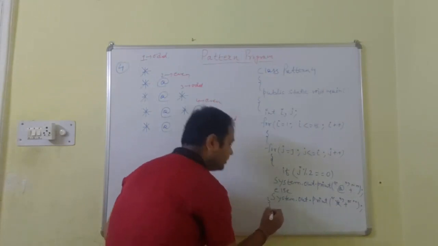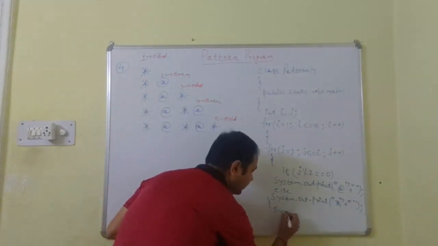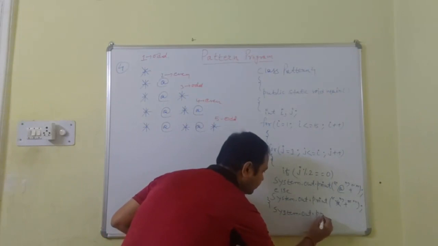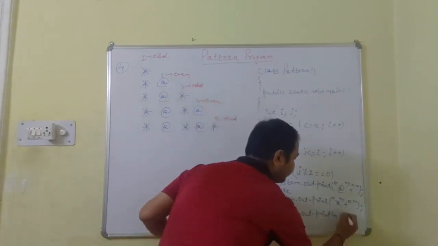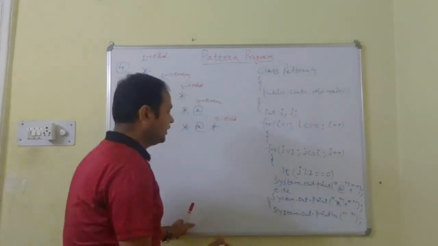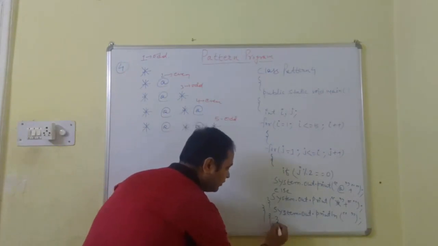Then we will close the inner loop. We will change the line by providing a System.out.println. And close of the outer loop, close of main method, close of class.